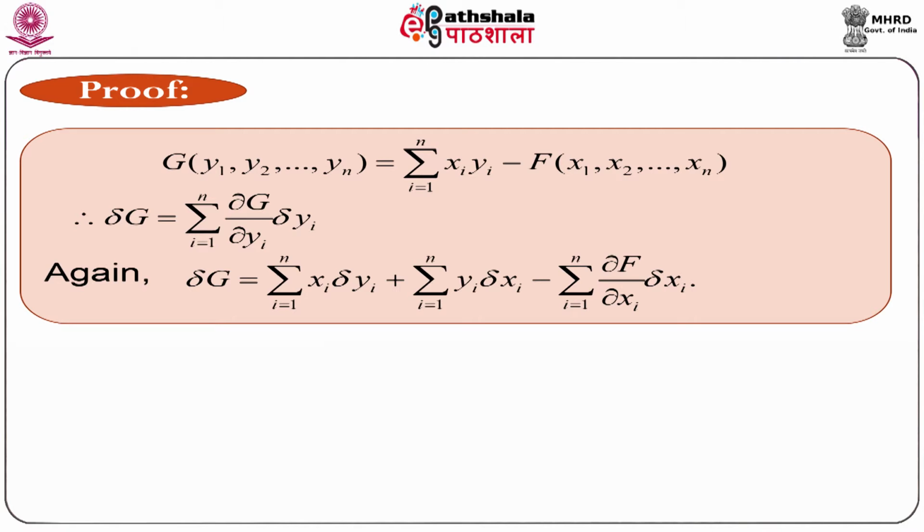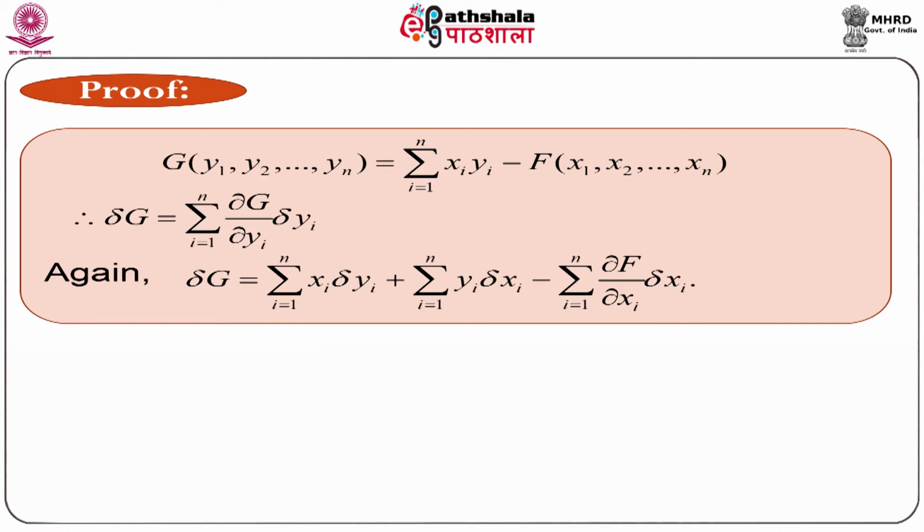Now we shall prove the result. It is given that capital G, a function of y1, y2 up to yn, equals summation i equal to 1 to n xi into yi minus capital F, which is a function of x1, x2 up to xn. Then if we take the variations, we get delta capital G equals summation i equal to 1 to n del capital G del yi into delta yi.